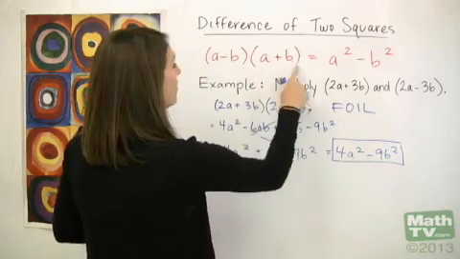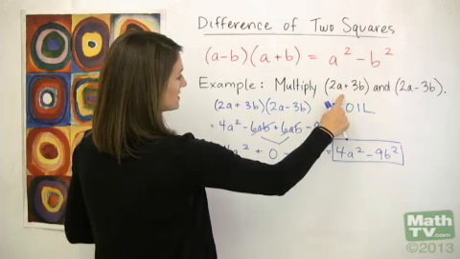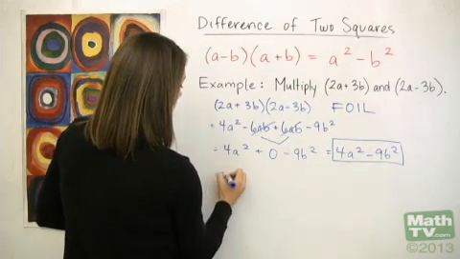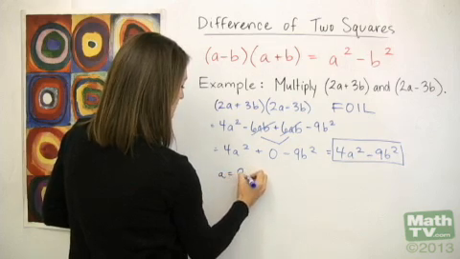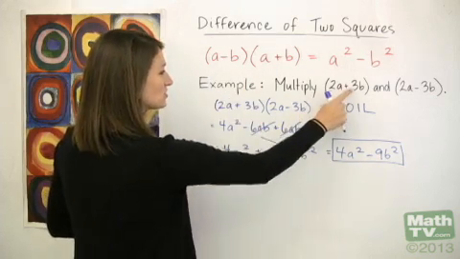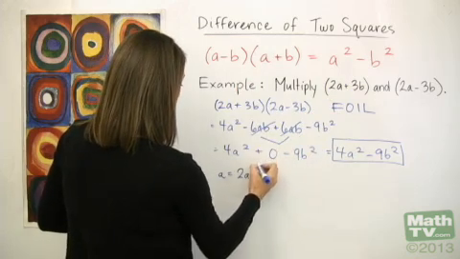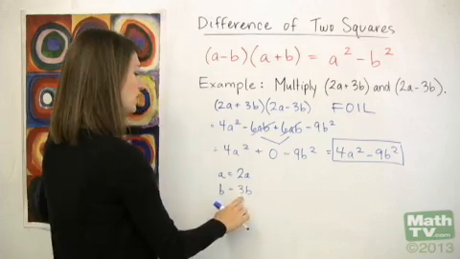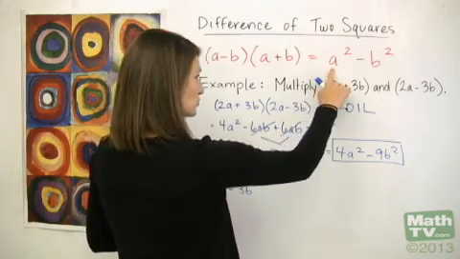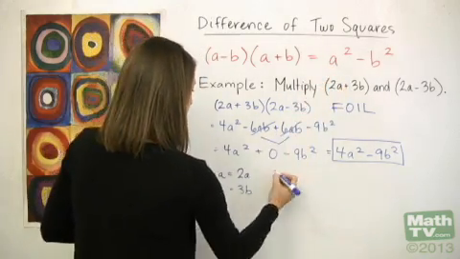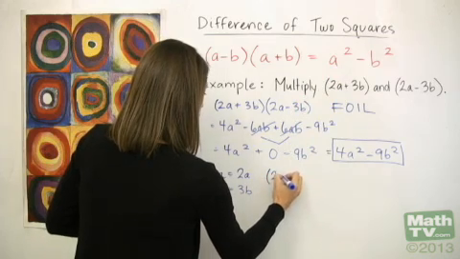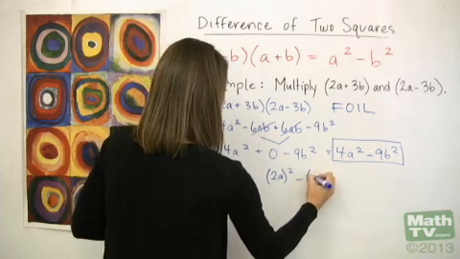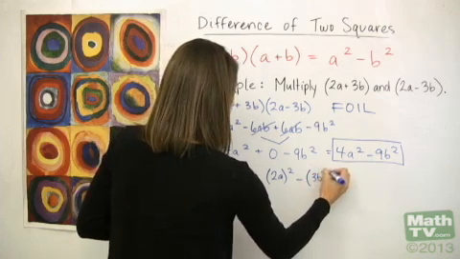So if we were to go back and use our rule on this example here, our first term, a, is equal to 2a, and our second term is equal to 3b. So b is equal to 3b. We plug these values into this rule, a squared minus b squared. So we have (2a) squared minus (3b) squared.